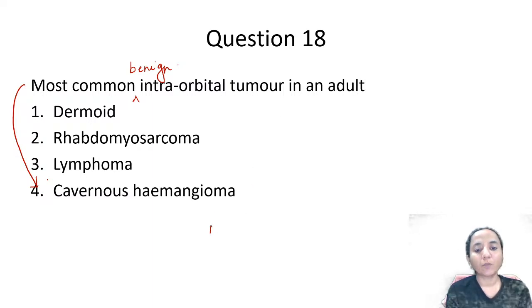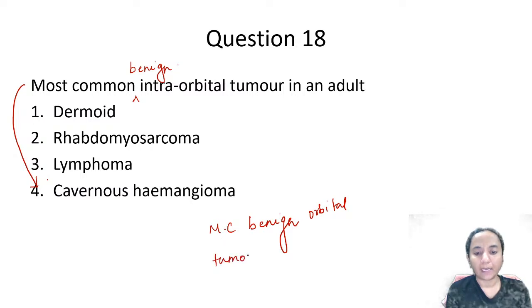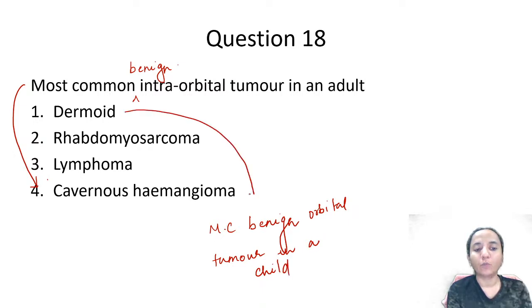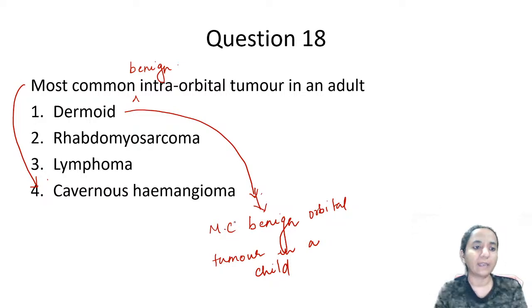And the most common benign intraorbital tumor in a child is dermoid. So cavernous hemangioma in an adult, dermoid in a child.